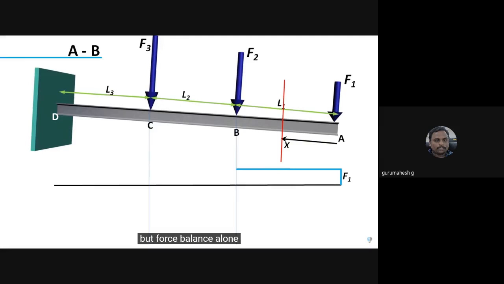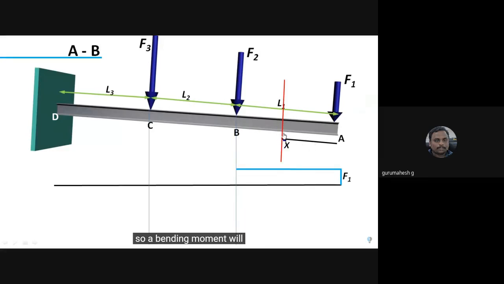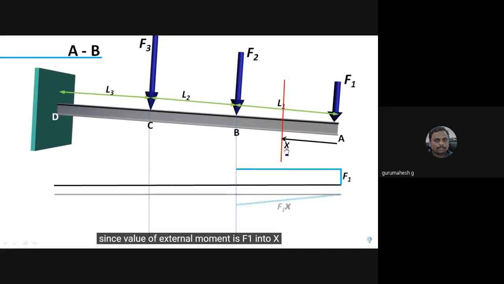But force balance alone does not guarantee equilibrium of the section. There is an external moment on the section. So a bending moment will be induced in the section in order to balance the external moment. Since the value of external moment is F into x, bending moment will vary linearly.